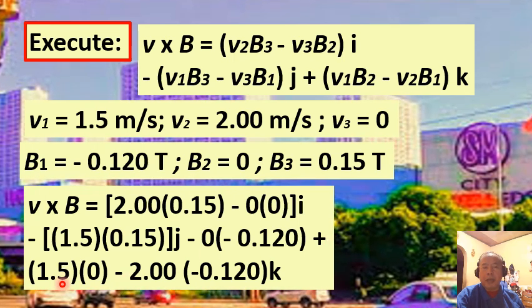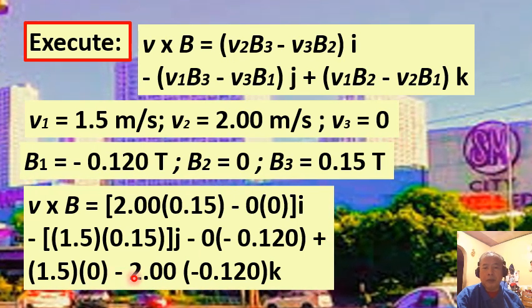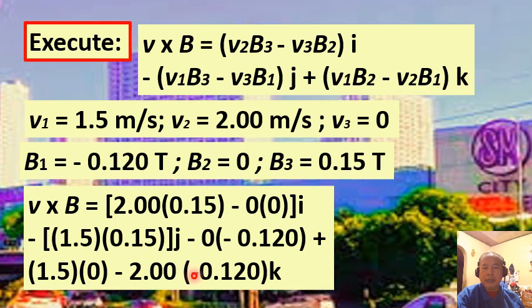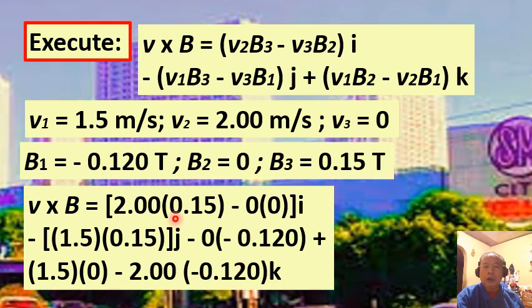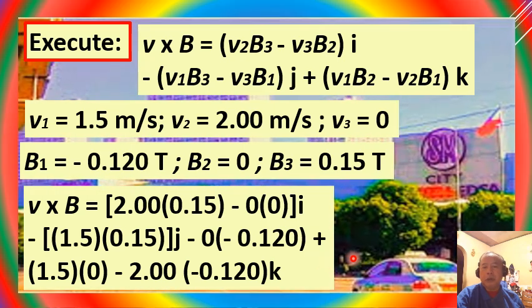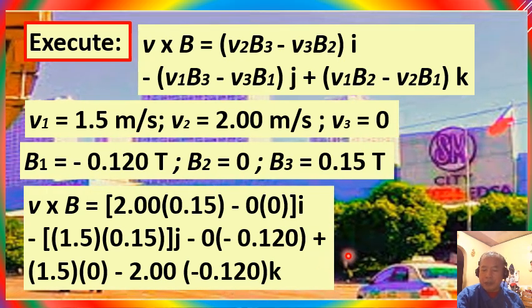Plus 1.5 times 0 minus 2.00 times negative 0.120 quantity K. So all the terms that equate to 0 are all cancelled.